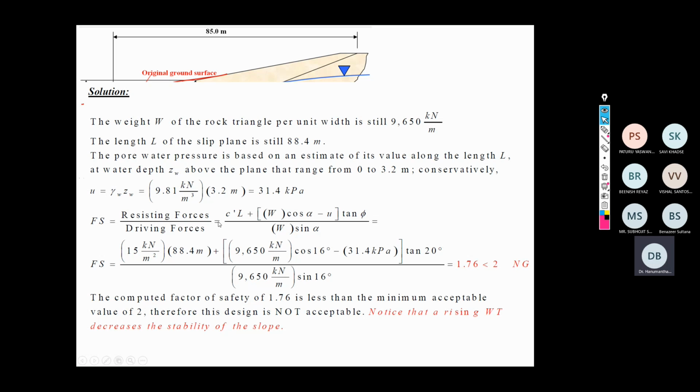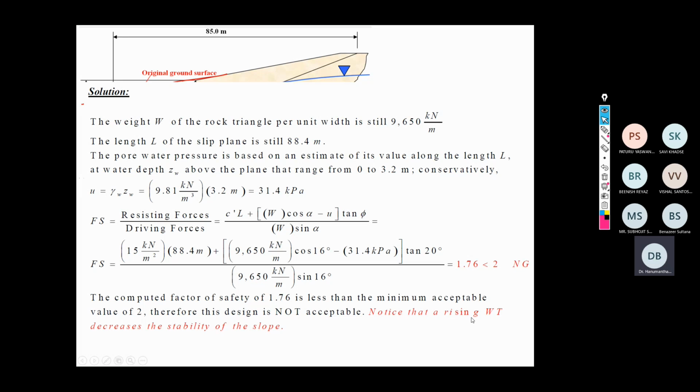Substitute all the values: 15 multiplied by 88 plus 9650 into cos 16 minus U, that is 31.4, divided by the driving force, W sin alpha. If you simplify, we get the factor of safety as 1.76, which is less than 2. The computed factor of safety of 1.76 is less than the minimum acceptable value of 2, so this design is not acceptable.